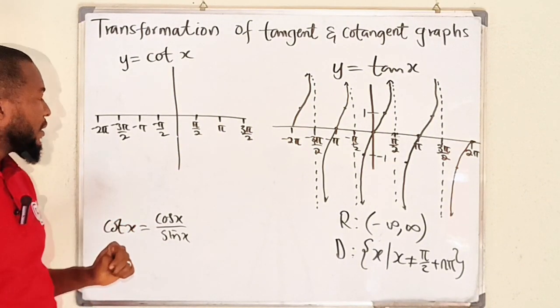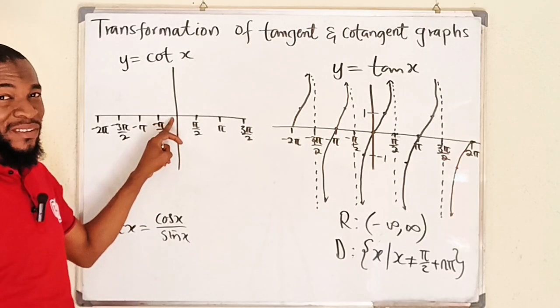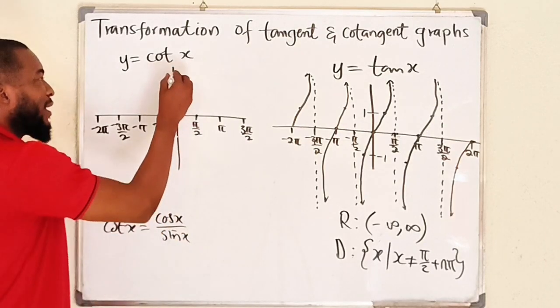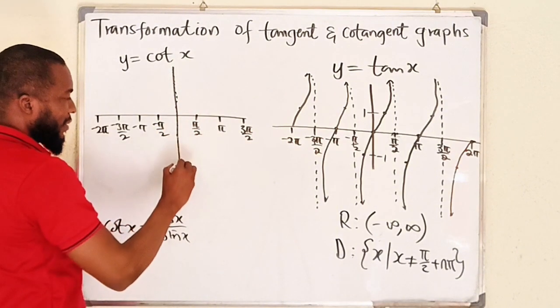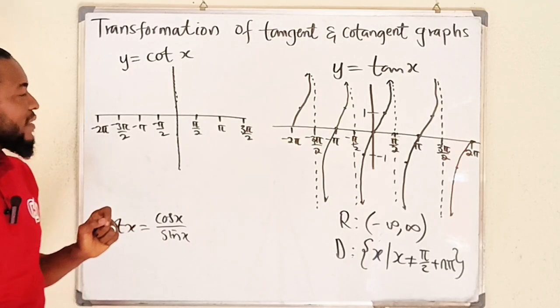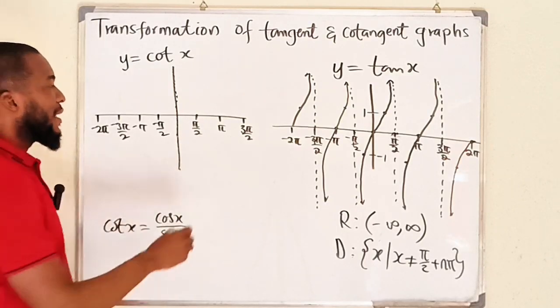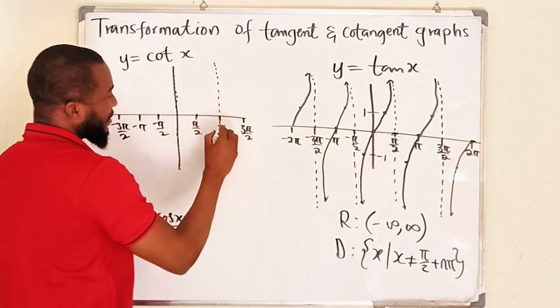Well, I know that sine is 0 at 0 or 360 degrees. So at the origin, we have a vertical asymptote here. Then sine is equal to 0 at pi, so we have another vertical asymptote here.